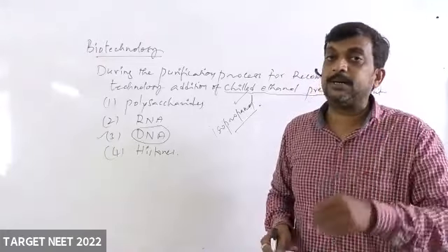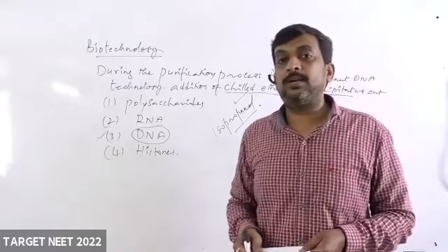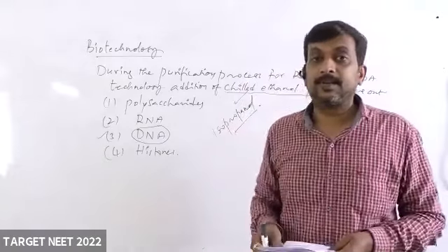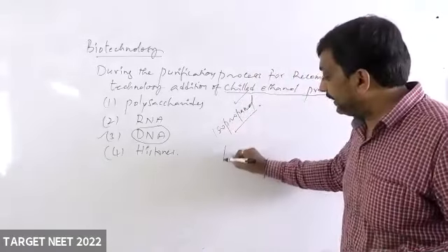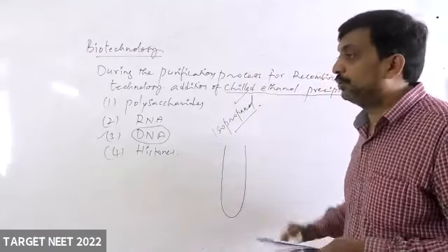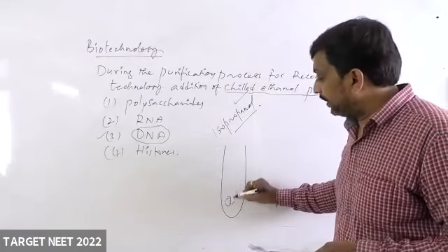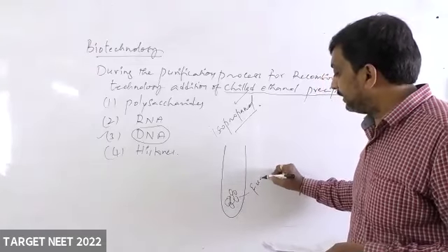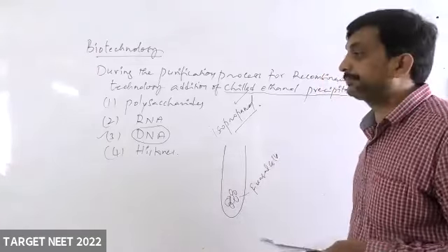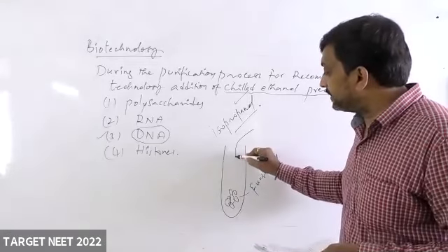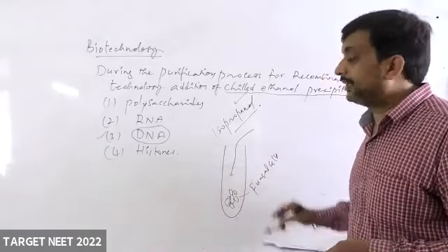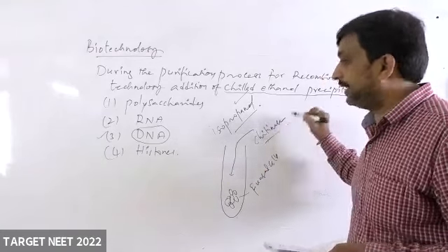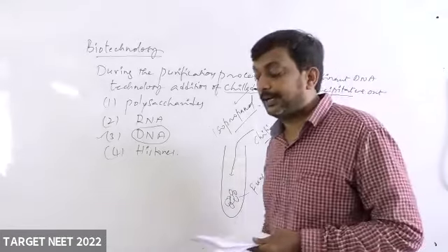Now let us have an example. We want to isolate fungal DNA. In a test tube, we have taken some fungal cells. To these fungal cells we add an enzyme called chitinase.